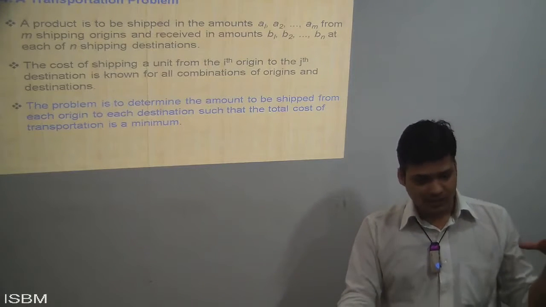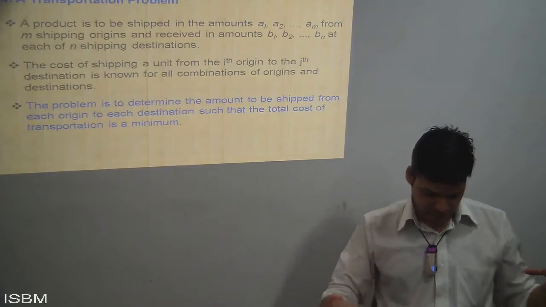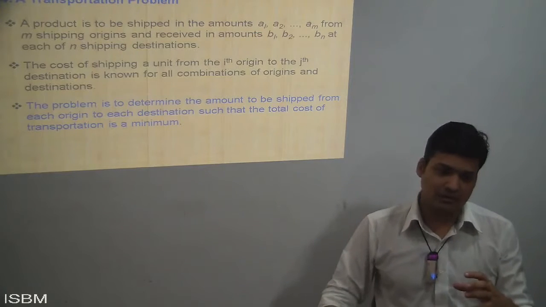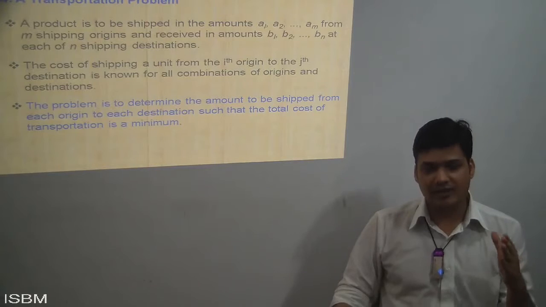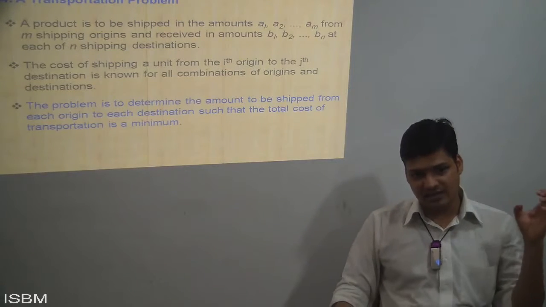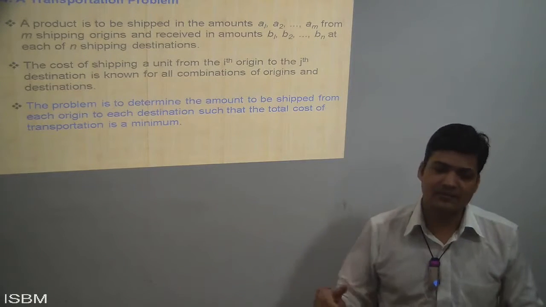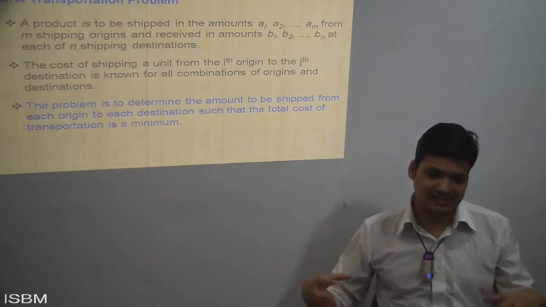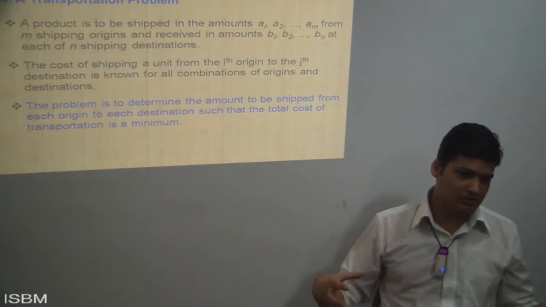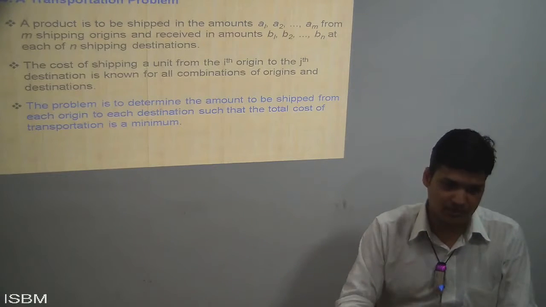There is a source and a destination: where we are shipping the amount of the product from, and where we are receiving it. It's like A1, A2, A3 up to Am we are sending, and B1, B2, up to Bn we are receiving. So sending and receiving, there are two. Shipping cost is also involved in the transportation problem.